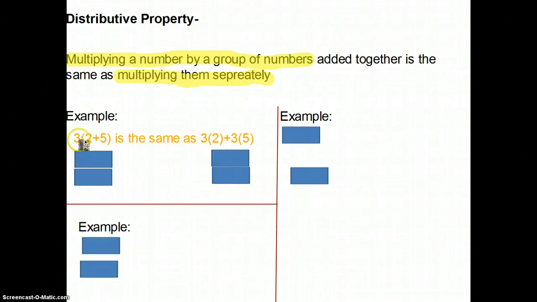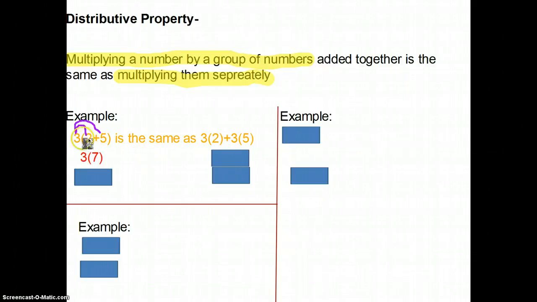Well, 3 will transfer onto the 2 and onto the 5. So 3 times 2 is 6, and 3 times 5 is 15.